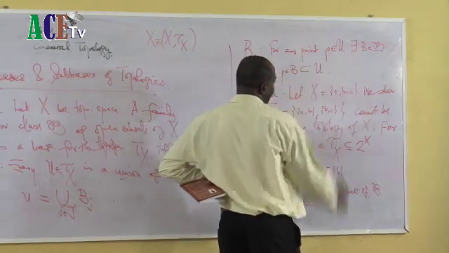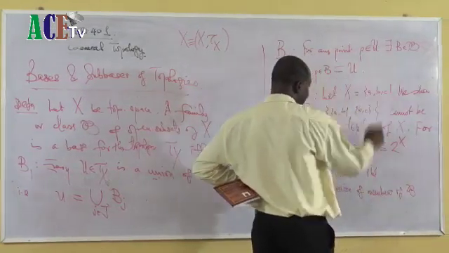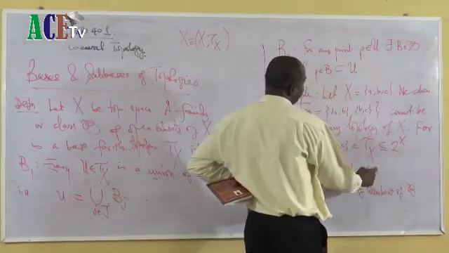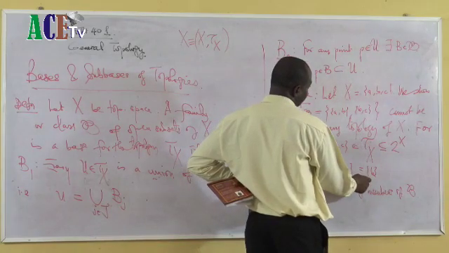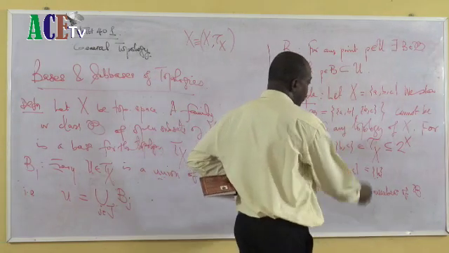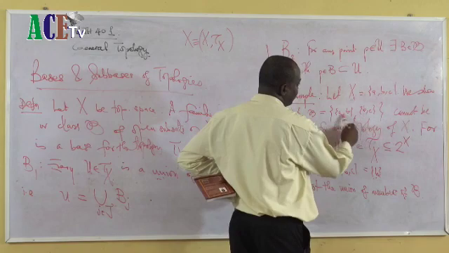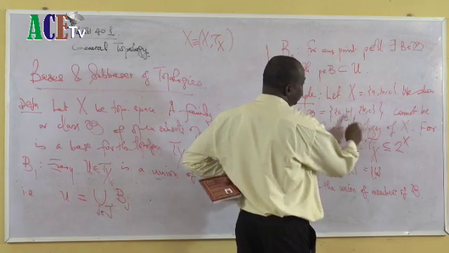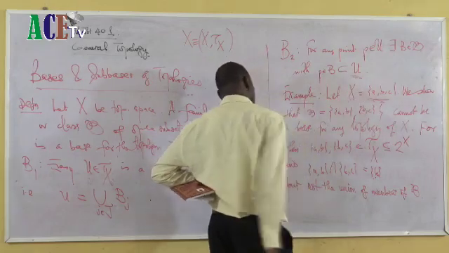There exists a base element in the basis that contains the point B here, and of course we know these are elements in the basis for which at least one of them must be a subset of U.